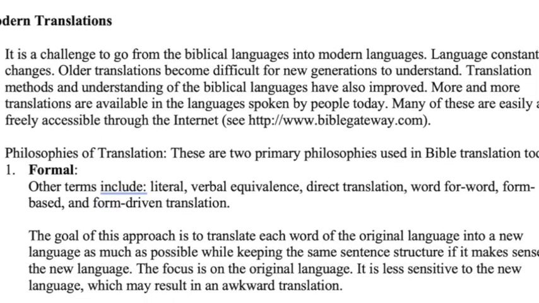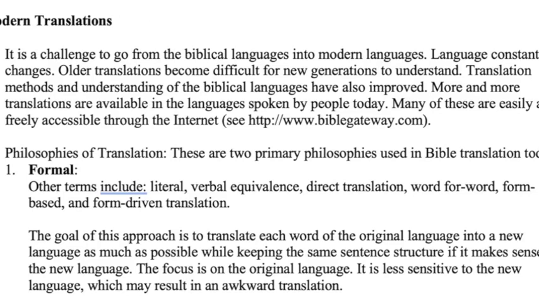As I said earlier, it is a challenge to go from the biblical languages to modern languages. Language constantly changes. Older translations become difficult for new generations to understand. So the King James Version of the Bible was translated around the year, I think it's 1611.